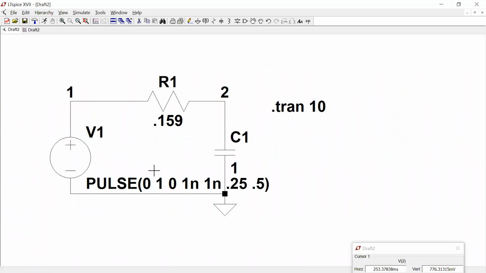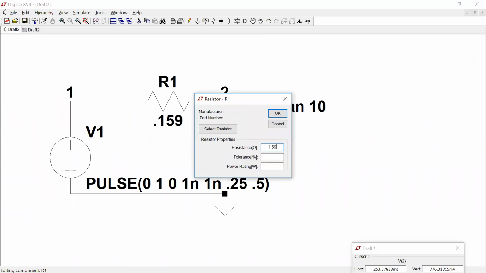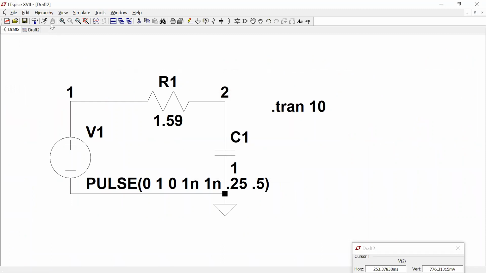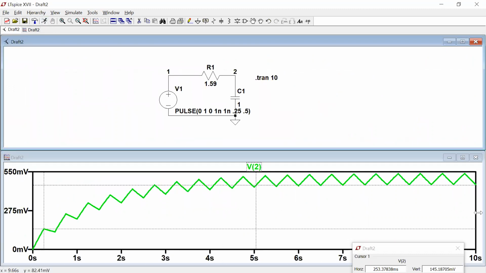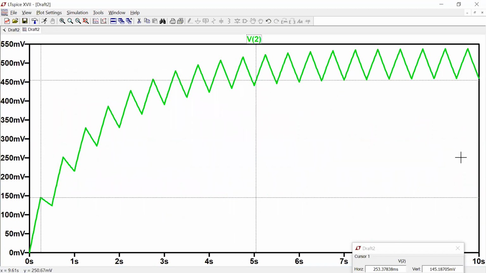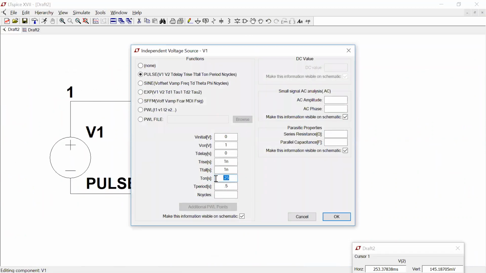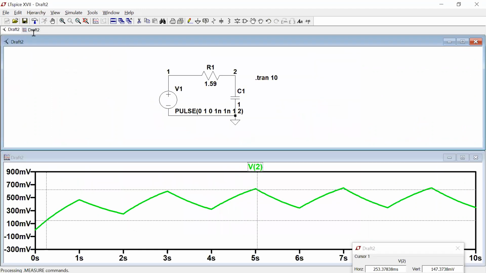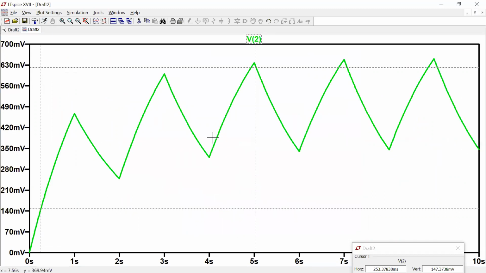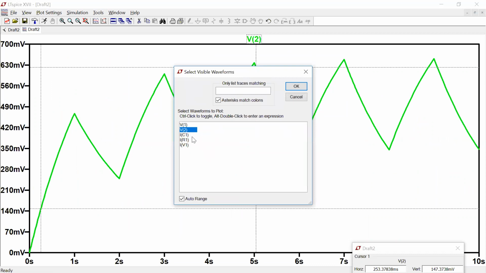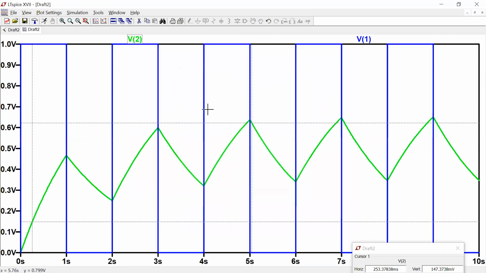Now, if I were to, and actually, I want it slower. All right. So now I just changed the time constant because it wasn't really showing me what I wanted, right?